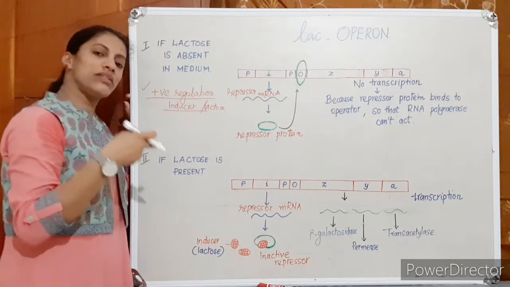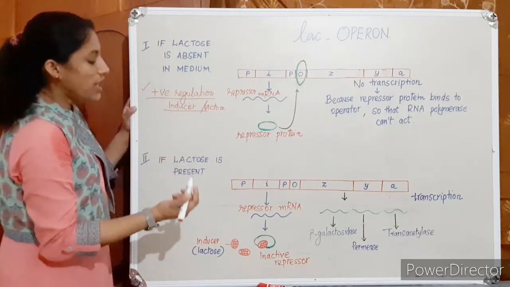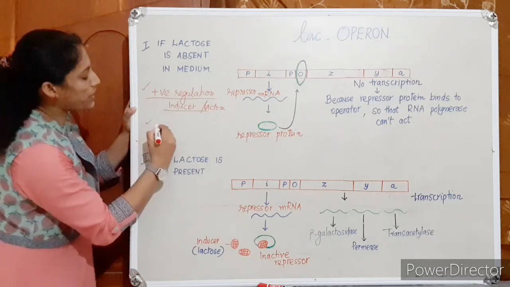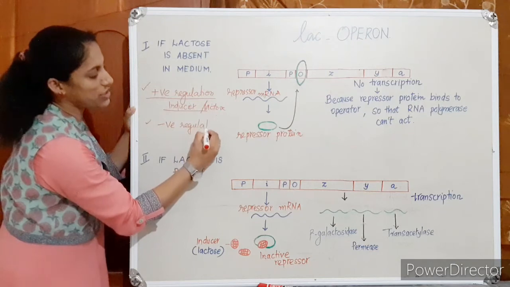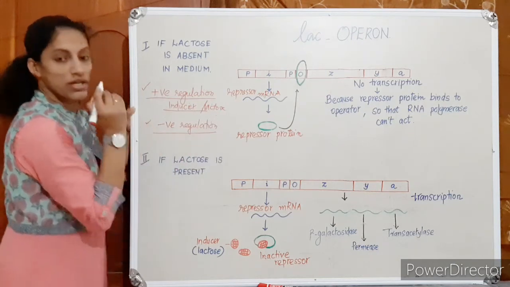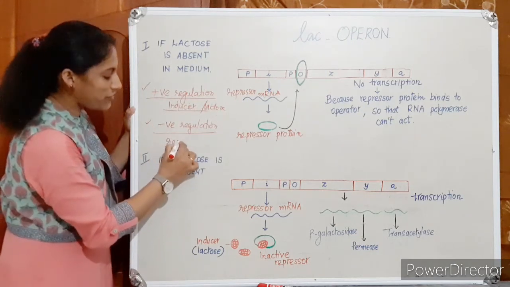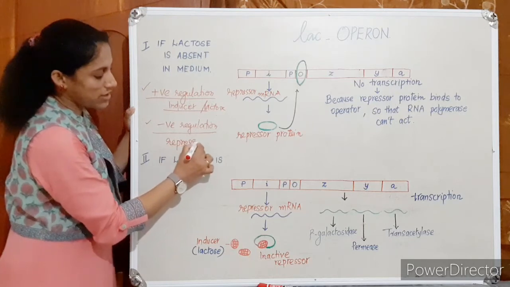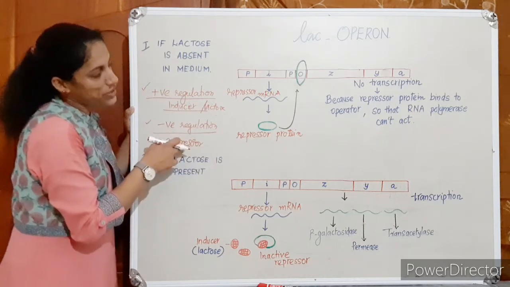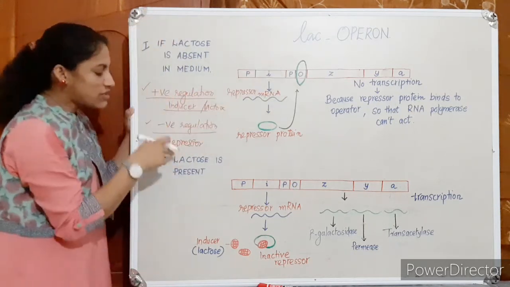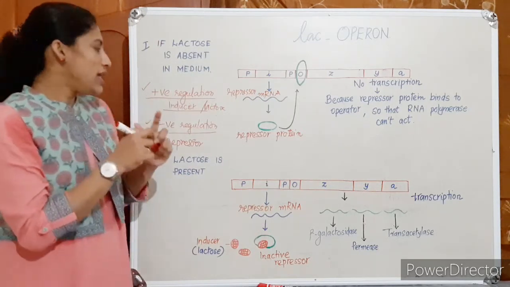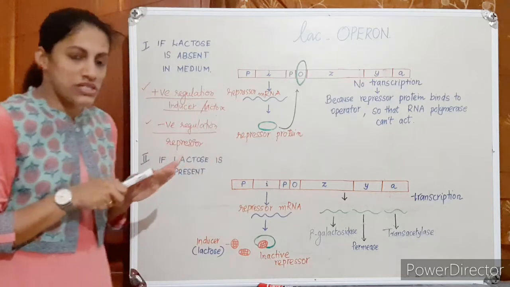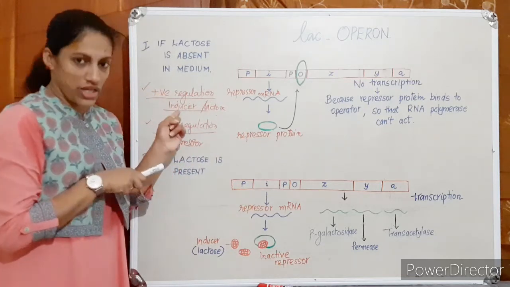Some other concepts are there that we will study in higher class. Then, in terms of the repressor, the lac operon is under negative regulation. What do you mean? In terms of the repressor, the presence of the repressor is blocking, the absence of the repressor is switching on. So once again, the lac operon is under positive regulation in terms of the inducer.